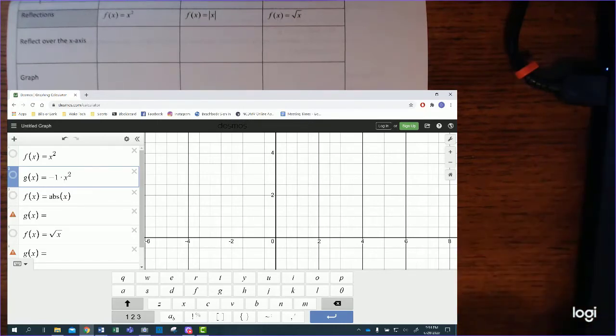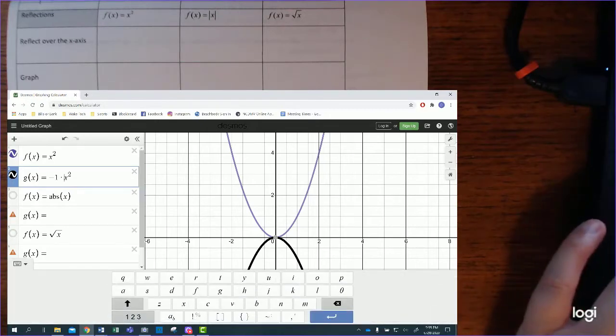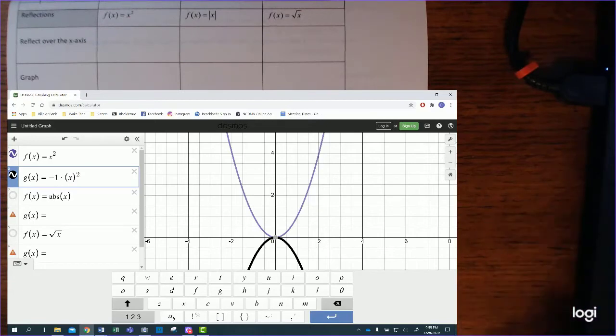Okay, and I wrote it like that so we could see it. Let's turn these on. See how that reflected over the x-axis, that -1 is not in there with the x because of PEMDAS. You're going to square x first and then take that answer and multiply it by -1. So you're really multiplying the y. So you need to multiply -1 outside the function to get it to reflect over the x-axis.